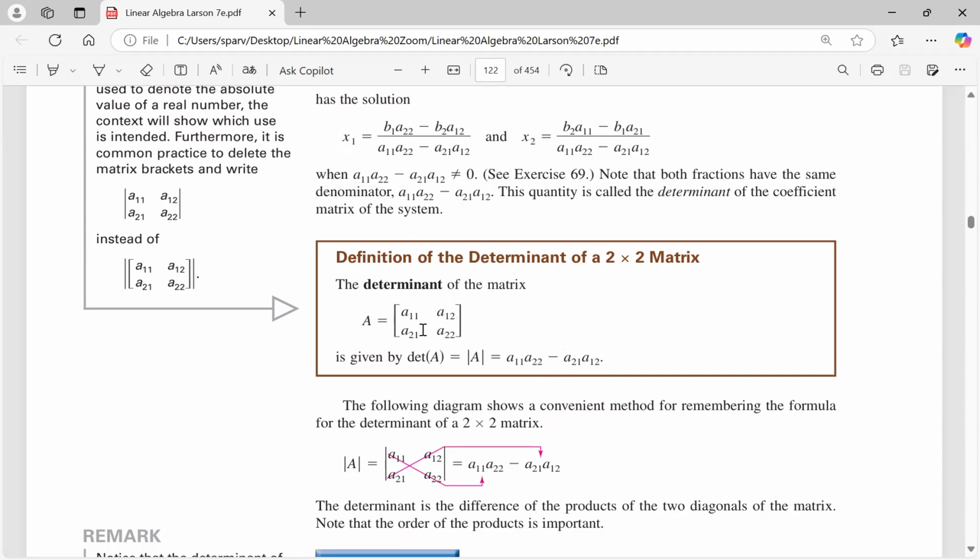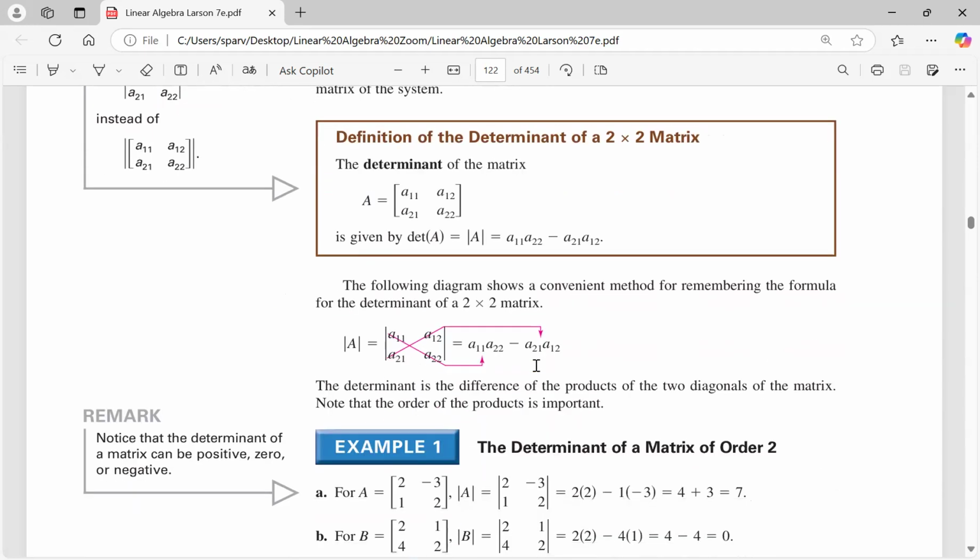So diagonal, product of these, minus product of off-diagonals. Now, because subtraction is not commutative, we got to be careful here, folks. Don't do it the other way around, because we're not going to get the same answer. You're going to get the opposite of the correct answer. So it has to be diagonals multiplied minus the product of off-diagonals.